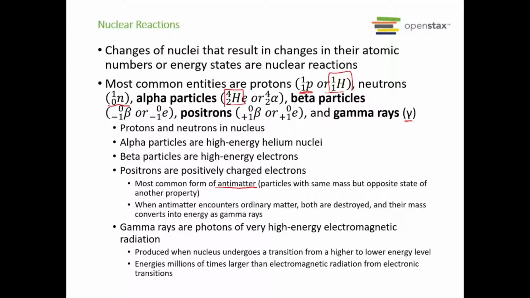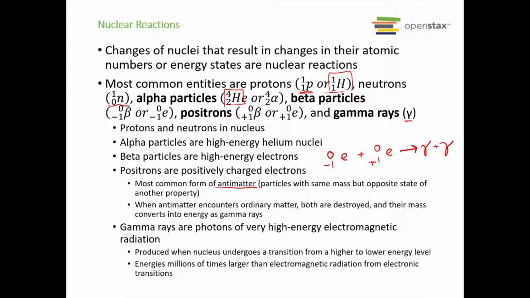So, for instance, if we take our beta particle, which is an electron, and a positron, when they collide, they react to give us 2 gamma rays.